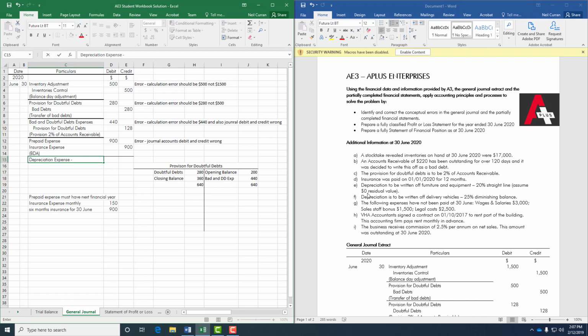And that will be for furniture, and then the accumulated depreciation for furniture as well.